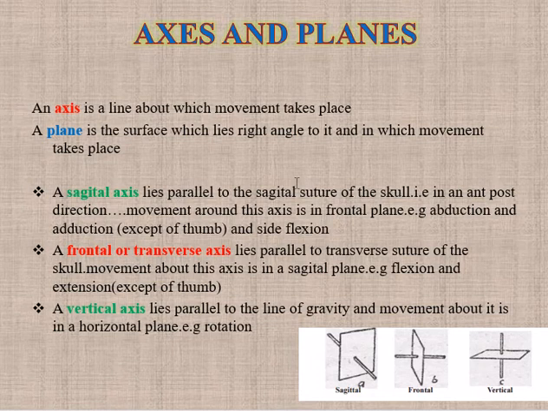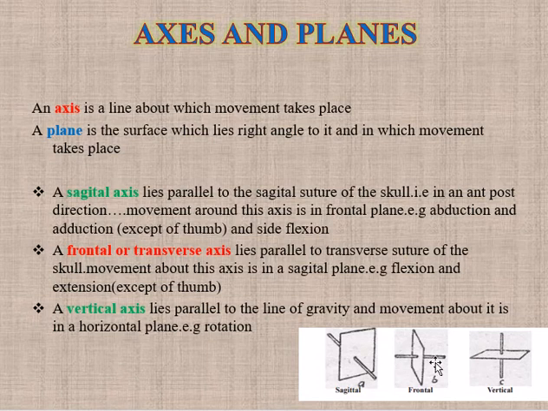There are three axes and three planes. Sagittal axis lies parallel to the sagittal suture of the skull in an anterior posterior direction, and movement around this axis is in frontal plane. For example, abduction and adduction and side flexion movements occur in sagittal axis and frontal plane. Further, we look at frontal axis or transverse axis, which lies parallel to the transverse suture of the skull.